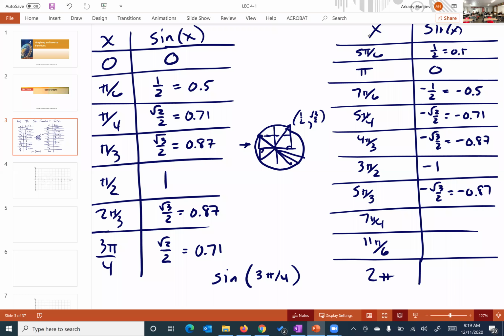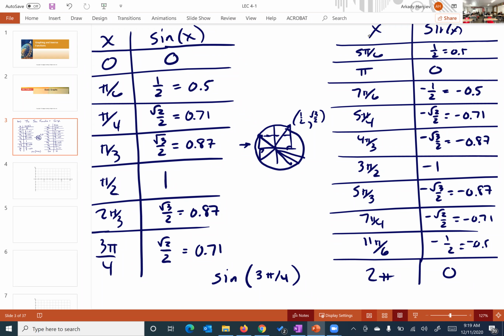There's 0.87. Then it'd be a negative root 2 over 2, which is negative 0.71. Then a negative 1/2, which is negative 0.5. Yes, and then eventually back up to 0. Are we good? Yeah, we're all right.